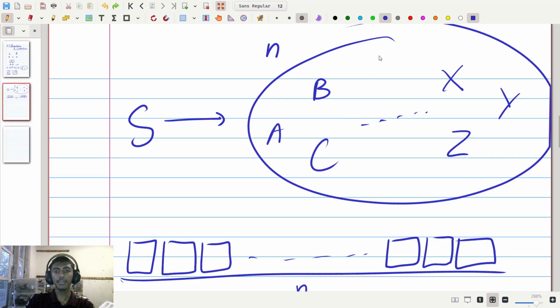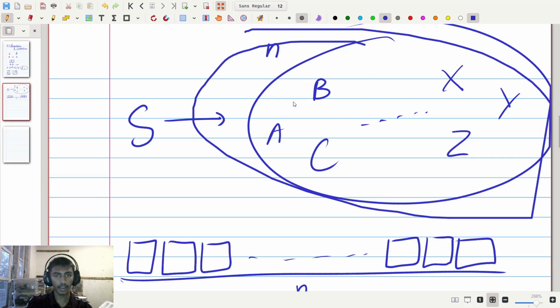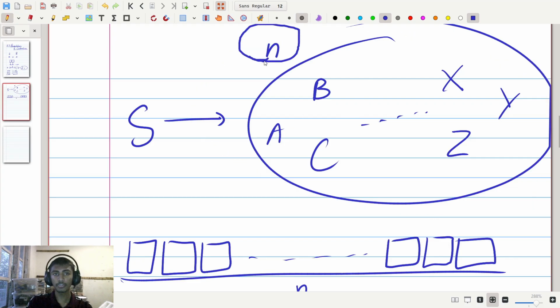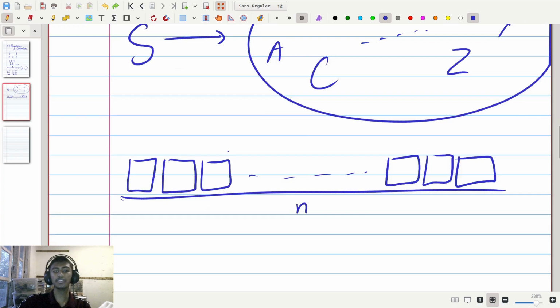Now, if we consider the total set as it is currently, there are n total elements within the set. If we consider choosing one of them to go into the first box, how many choices do we have? Well, if there's n total elements and any one of them could go into the first box, then there must be n choices for the first box.